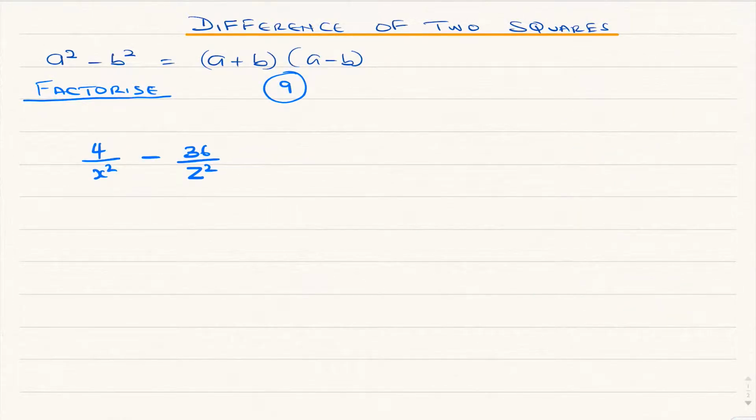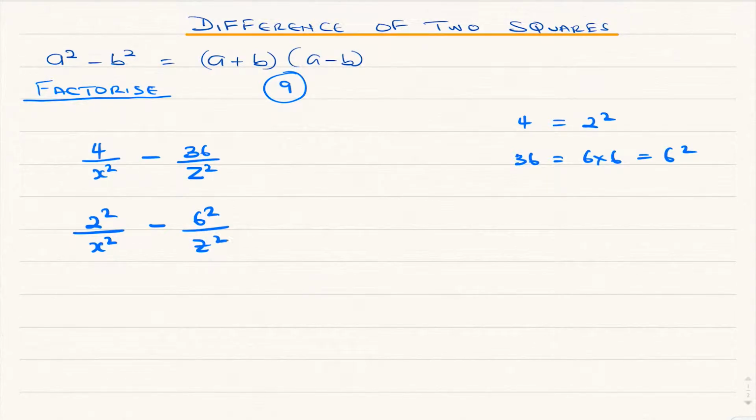Question 9. Well, 4 over x squared minus 36 over z squared. 4 is 2 squared. 36 is 6 times 6, which is 6 squared. If I replace those in the question, I've got 2 squared over x squared minus 6 squared over z squared.